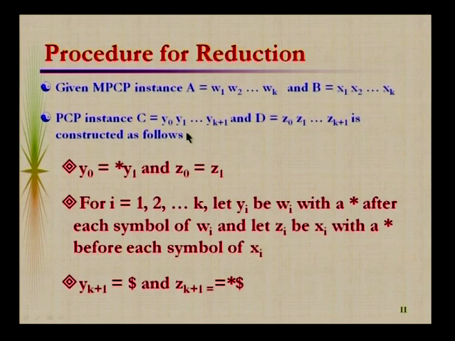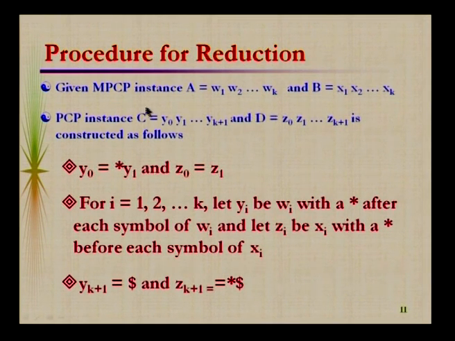We will have another 2 lists, called C and D. What is given is A and B, and now we need to form C and D. If there are k pairs available in A and B, we will have k plus 2 pairs in C and D, starting with 0 and going up to the index k plus 1.